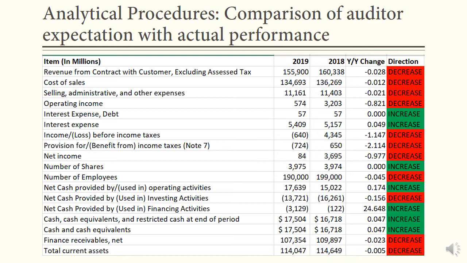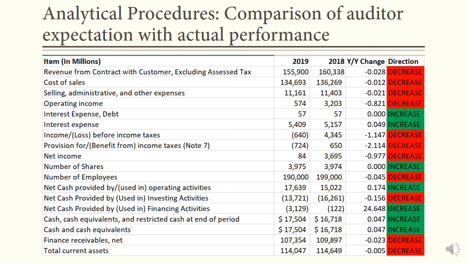For example, we see that this company suffered a decrease in revenue year over year from 2018 to 2019. Revenue is a driver of cost of sales. So if net revenue is lower, then we would expect cost of sales to be lower also, which it is.